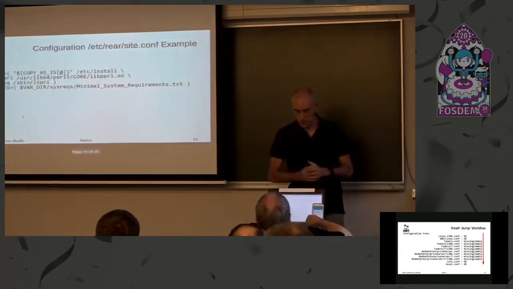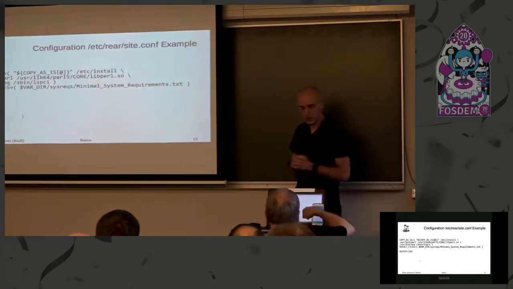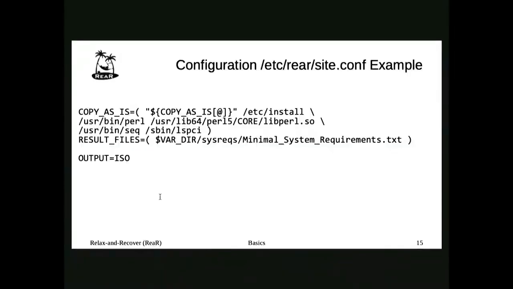Here are examples. This is a very simple example. Copy as is: you can just add your own executables to the disaster recovery image. Result files, you can add anything to there, which is also left there. Output ISO is the default, I would say.